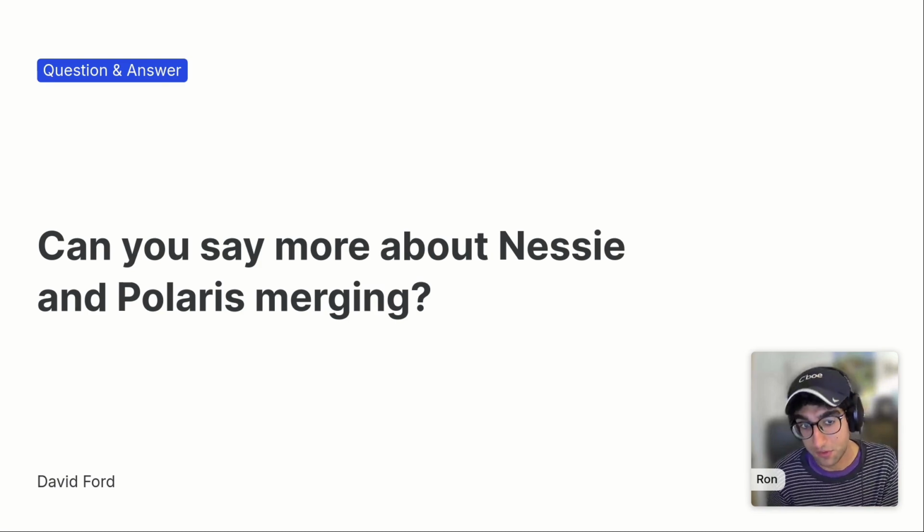I think a lot of their features are coming together, and I'm pretty sure I read some Snowflake sources on that. But I don't know the full details. I think Nessie is stopping some of its development and just inheriting a lot of what Polaris is doing.